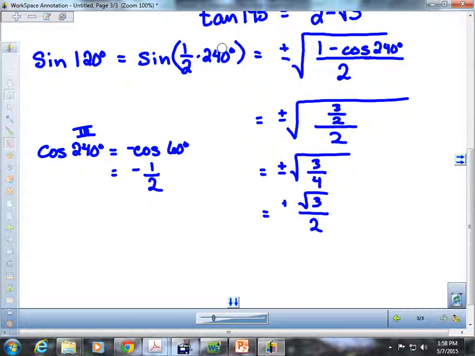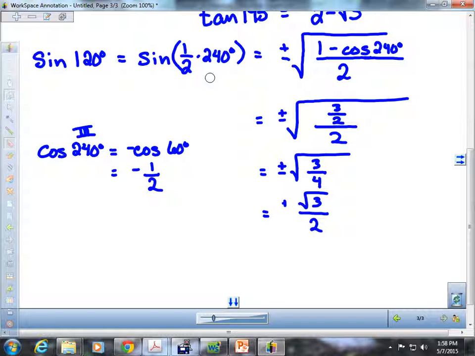If you're in 3 or 4, half of 3 or 4 is going to take you up into 2. Okay? So you've got to say, okay, this is the angle I'm starting with. It's in 1 or 2. Half of that puts me in 1. Everything is going to be positive. The angle I'm dealing with is in quadrant 3 or 4. Half of that puts me up into 2, where only sine is positive.